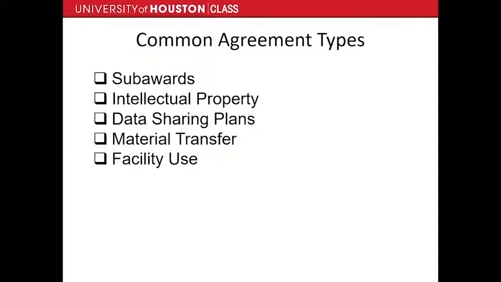So U of H would be acting as the prime institution, whereas UT Health Science Center would be acting as the subrecipient. And those almost most definitely require a formal agreement. Usually with regard to subaward agreements, the terms include payment terms and things about financial reports.